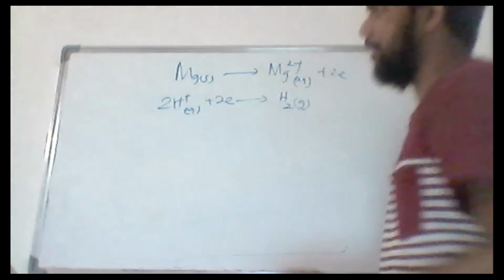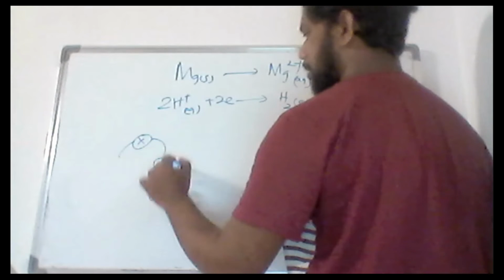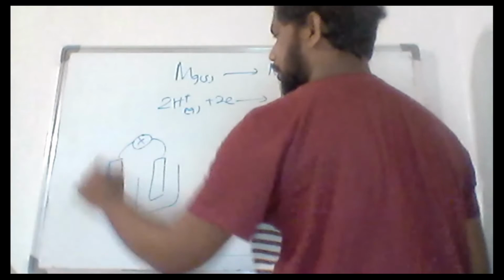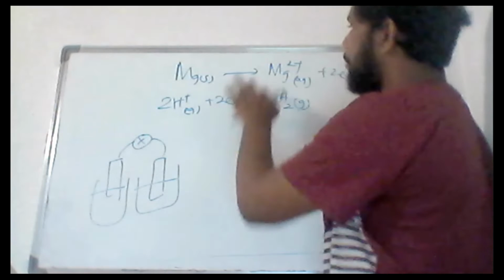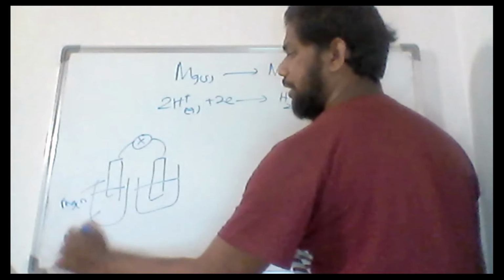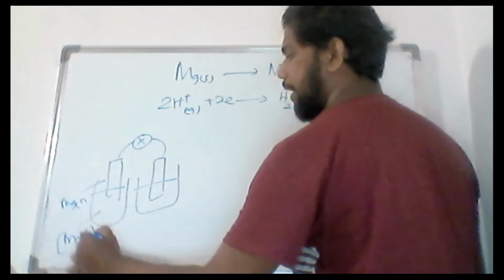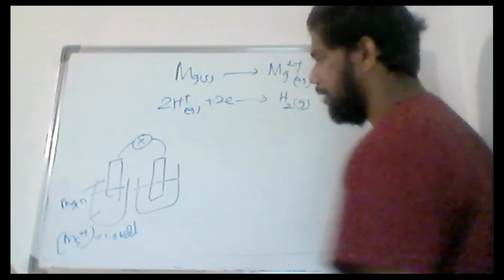So when you think about the cell, if you have a bulb like this, and this is one electrode, and this is another electrode. One will be the oxidized one. So this will be magnesium solid and magnesium 2 plus, and we'll say concentration is 1 mol dm minus 3 for an example.